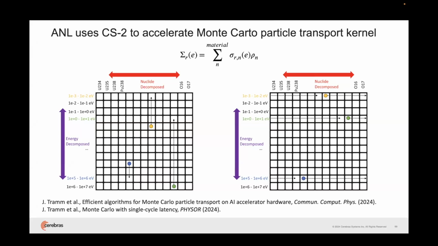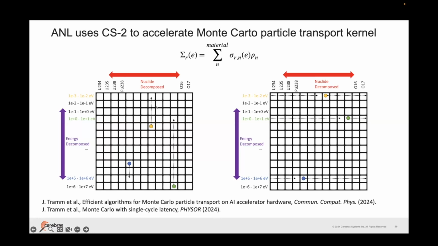So what they did here with this kernel is that if you have a whole bunch of particles that you want to know how they're going to interact with your material, or calculate the probability of how they're going to interact, they start out by essentially randomly distributing particles across the CS2. Each one of these blocks is a processing element. Then they shuffle the particles until they get to their correct energy band.